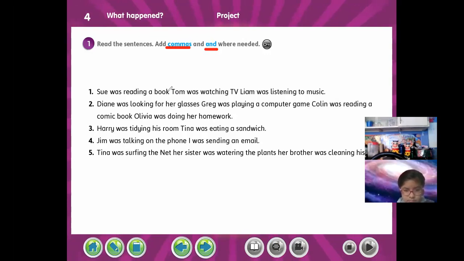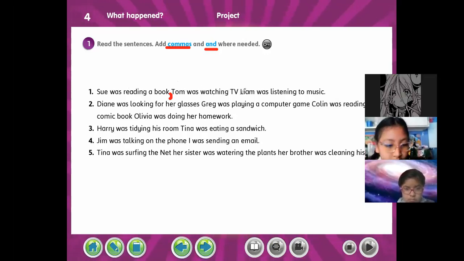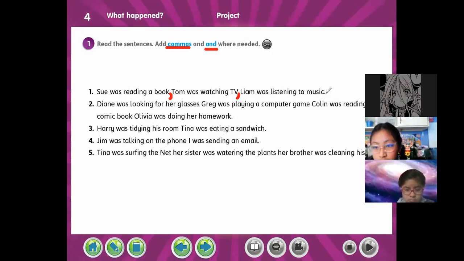This is one idea. Comma. Tom was watching TV. This is a different idea. Comma. Liam was listening to music. It's okay? Not exactly, Fernanda.